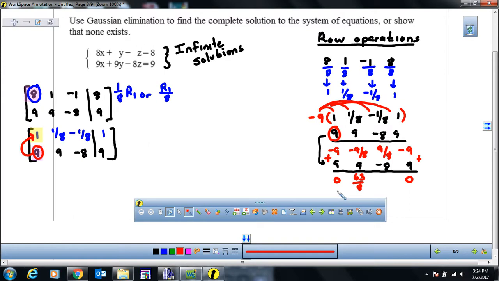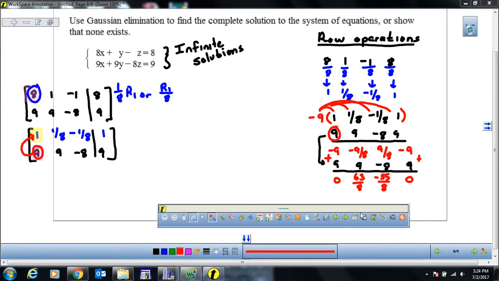Now, this one is the same thing. 8 times 8 is 64, so this is -64/8. That's what -8 equals in eighths. -64/8 plus 9/8 gives -55/8.